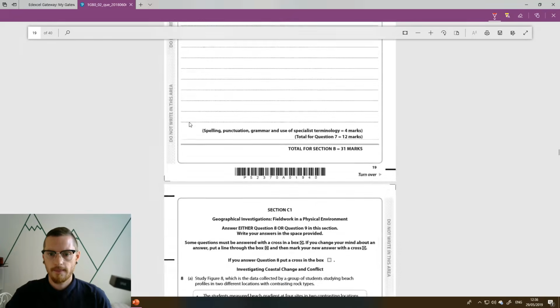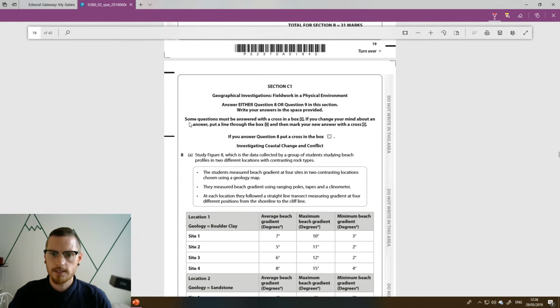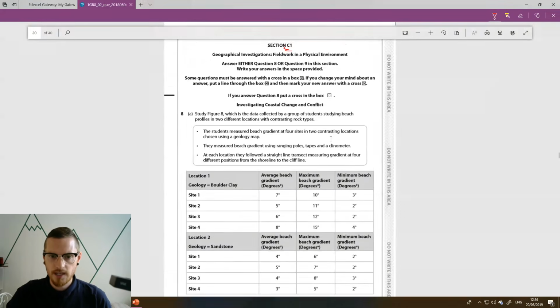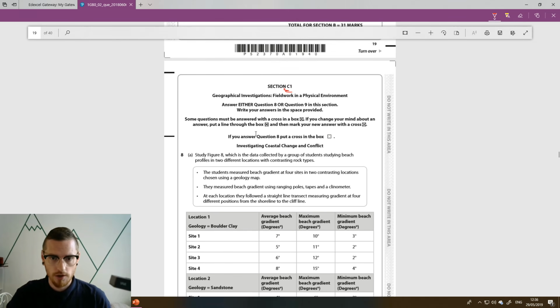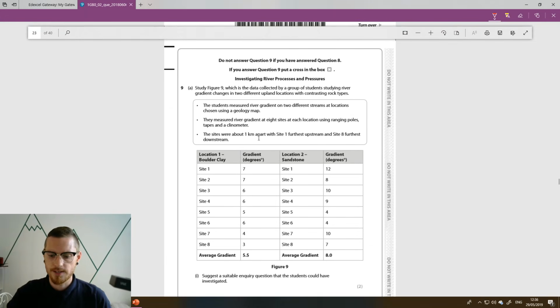Right, so here it is. This is section C1. We can see that here. And it asks you to put a cross in the relevant box. So if you've done coasts, you do 8, but you'll see that it looks very similar. So have a look at this resource that starts section 8. And then look at this.